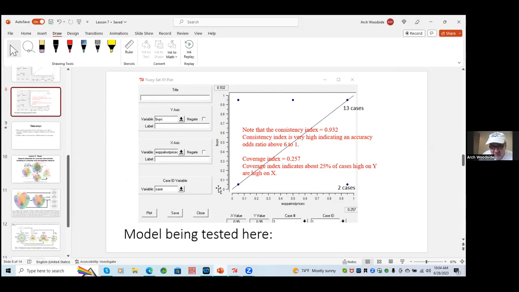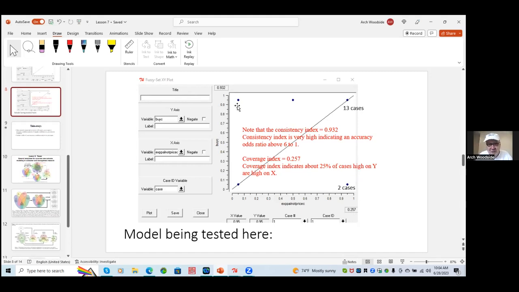This is the complex antecedent condition of expertise, not price, and PAL present. And if you recall from our prior lesson, this model works very well, 0.932 for consistency, and coverage is pretty decent at 0.257.